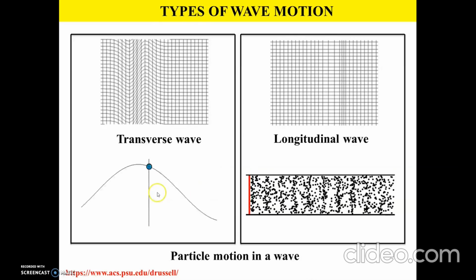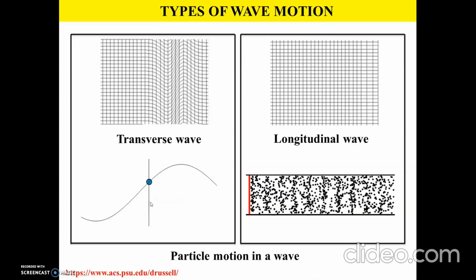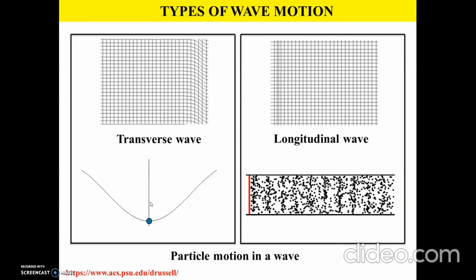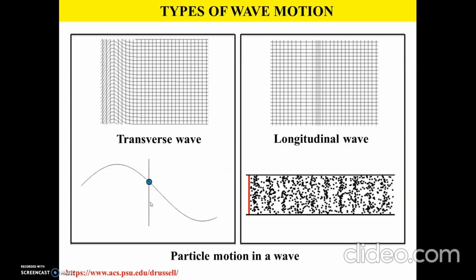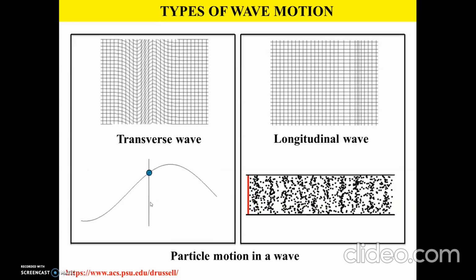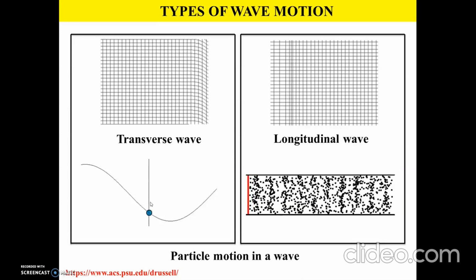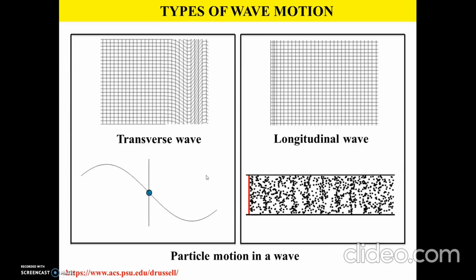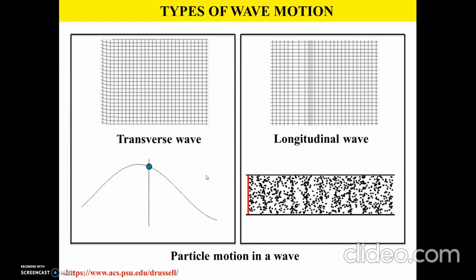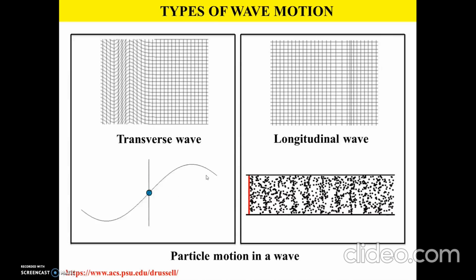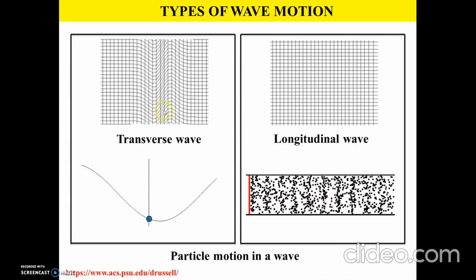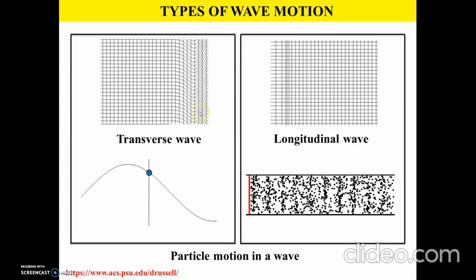This is a very important thing to realize, that the particle is not moving with the wave in the same direction. The particle is just moving back and forth about a mean position. What appears to us as a moving wave is the complete motion of all these oscillators put together, and it appears that a wave is moving through this material.